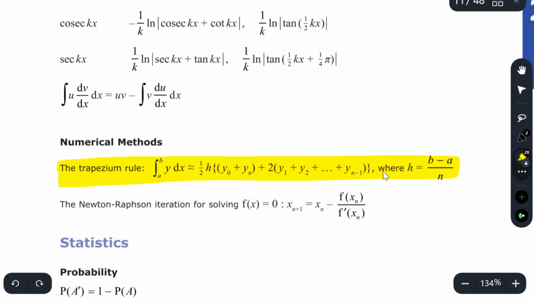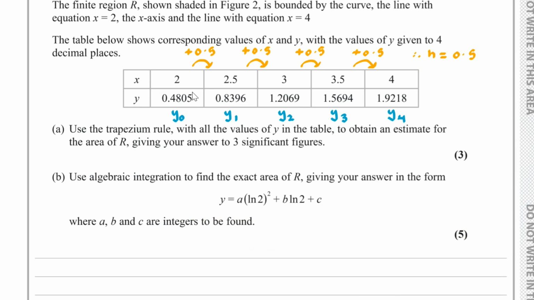And so if we use the trapezium rule for part A, the area is approximately equal to the integral between 2 and 4 of the natural log of x squared.